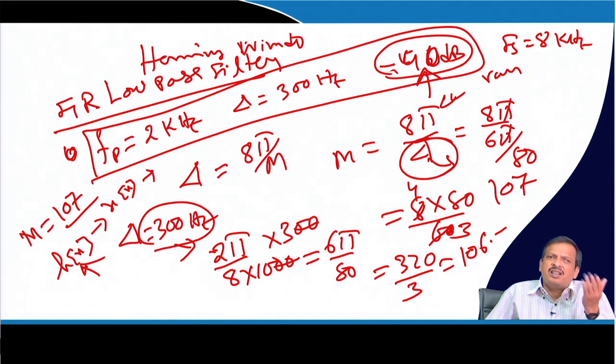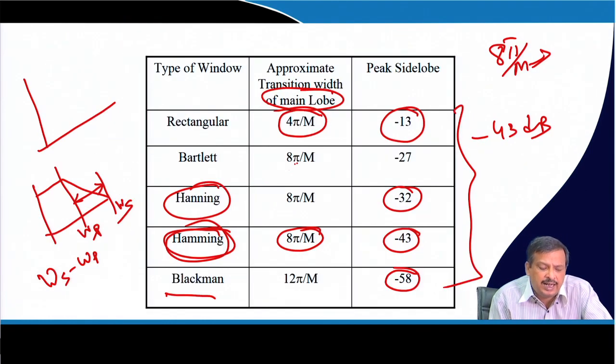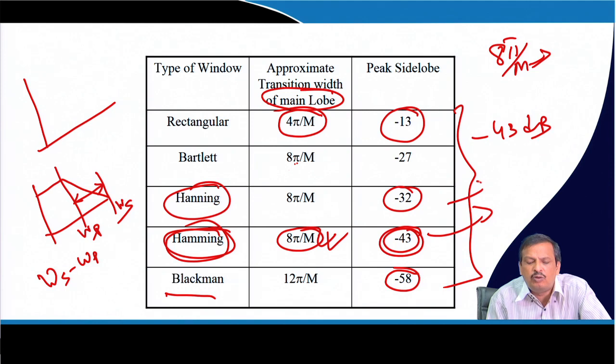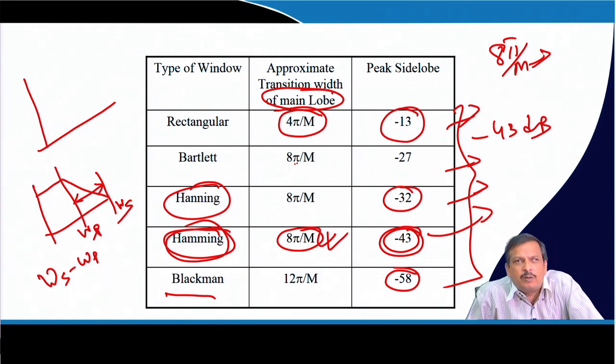Either the transition bandwidth or the order of the filter, both ways you can calculate. This relationship gives me m or the transition bandwidth, and the other relationship tells me which window I should choose. So I know which window I have to use and the order of the filter.